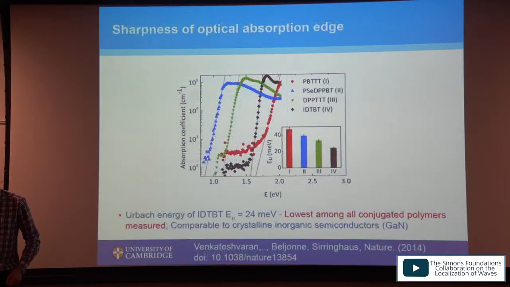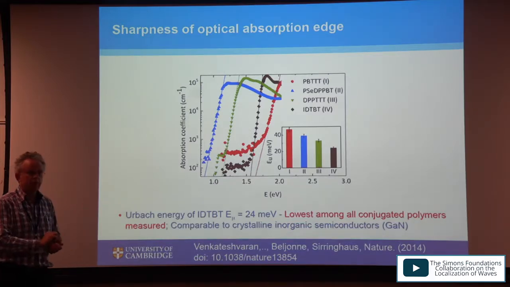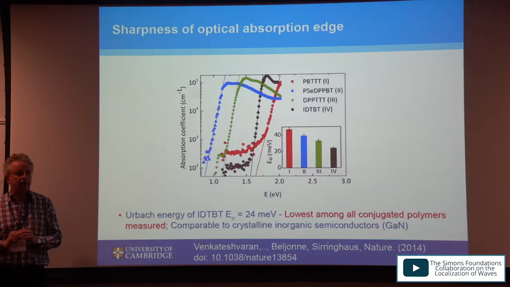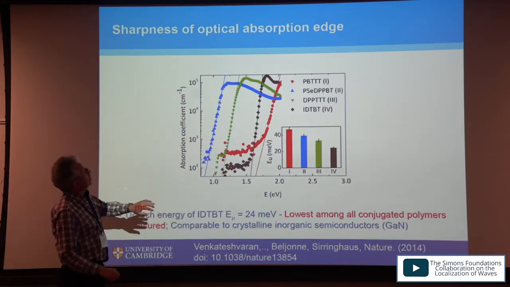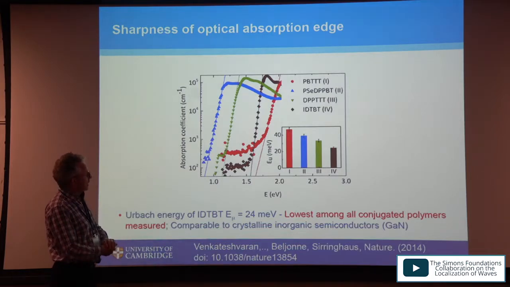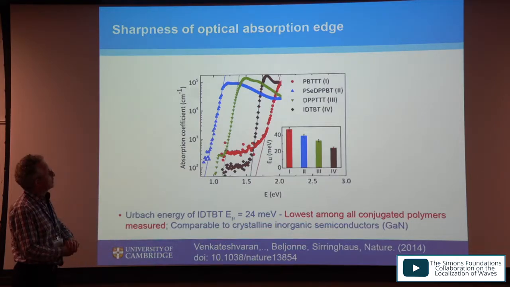One of the measures of disorder that we've now come to look at quite seriously is measuring how sharp the optical transition is at the bandgap. So measuring the Urbach energy, which we heard a lot about earlier today, is now done fairly systematically.